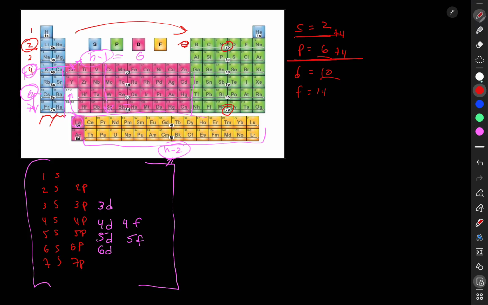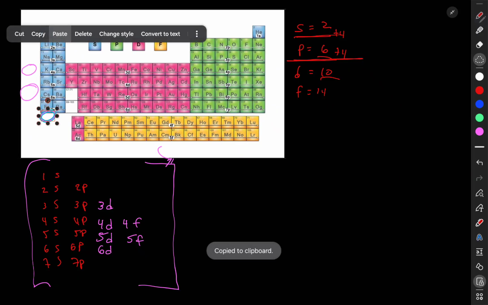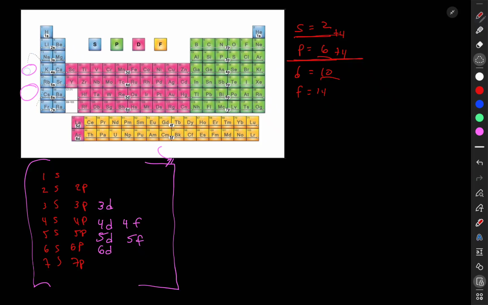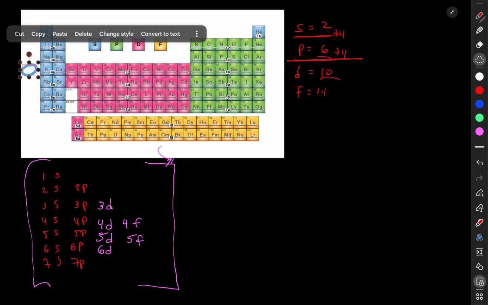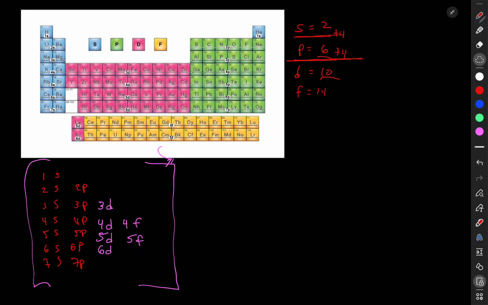So how do you use this? Well, using the off-ball principle, you use this diagonally. So for example, let me get rid of all this. We can do another example. There we go.